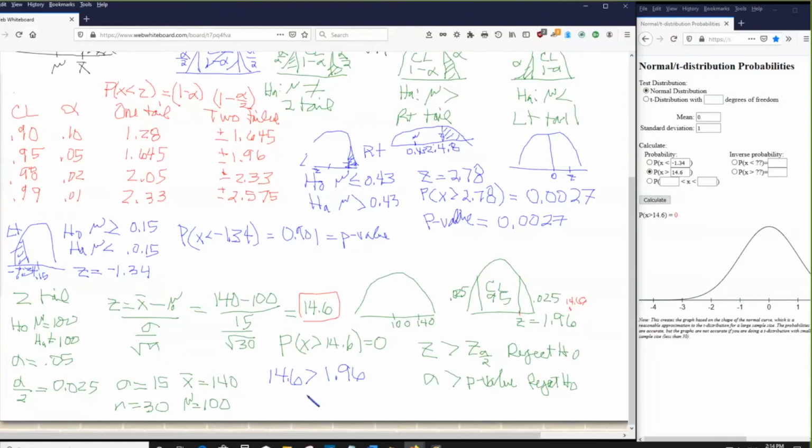And then we also had our alpha, which would give us a 0.5, that is greater than our p-value of 0. So both of these would tell us to reject the null hypothesis, which would tell us that it's unlikely that the mean is going to be 100.